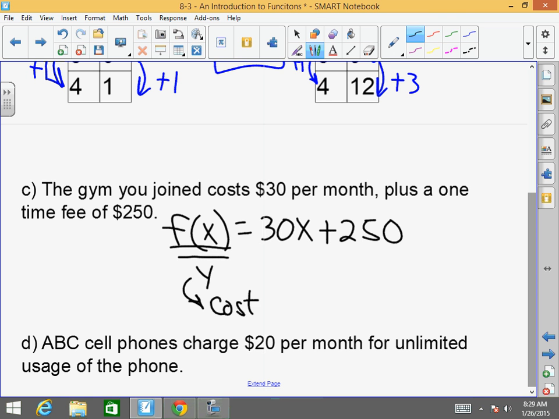And what does the x represent? Yeah, the number of months that you go. Guys, you've got to be able to understand what it is that you're writing. If not, it's going to be very difficult.